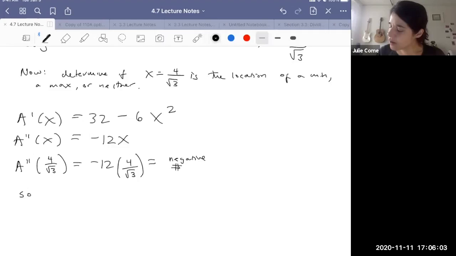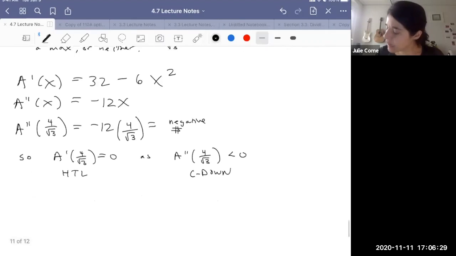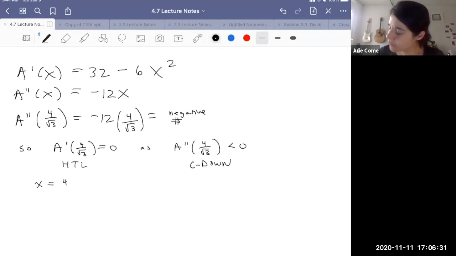So, because we know that A prime of 4 over root 3 is equal to 0, meaning there's a horizontal tangent line at 4 over root 3, and A double prime of 4 over root 3 was negative, meaning we have a concave down function at that value of x, that's going to mean that x equals 4 over root 3 is the location of a local max, right?